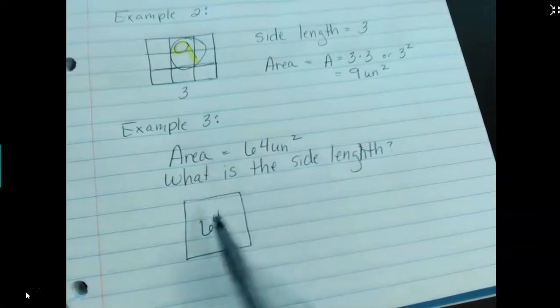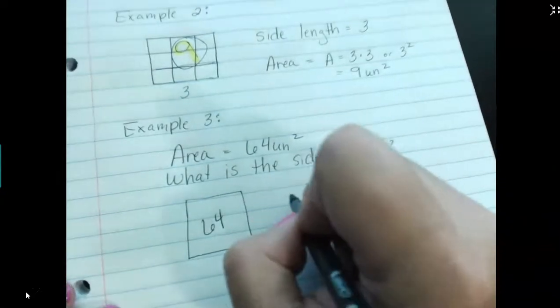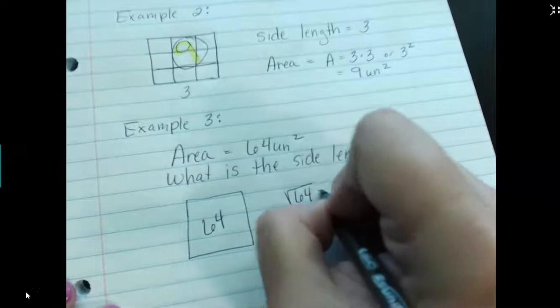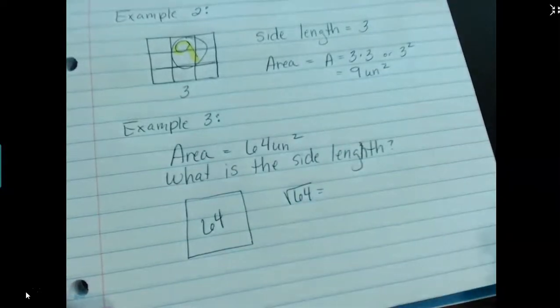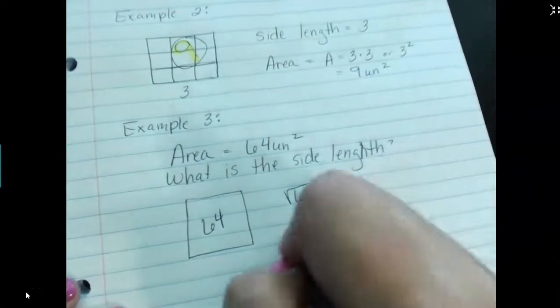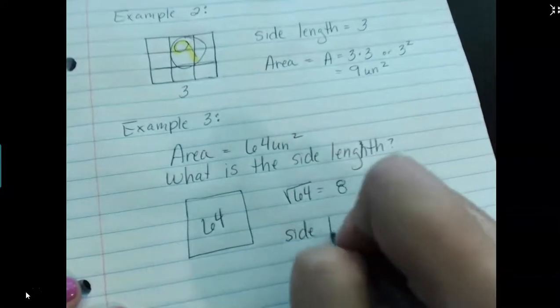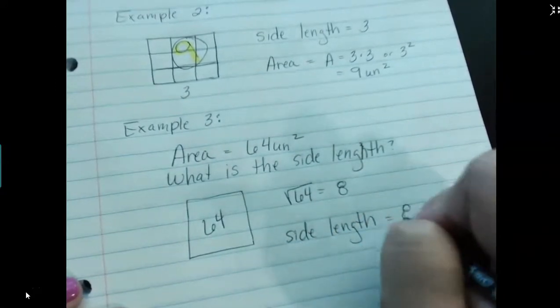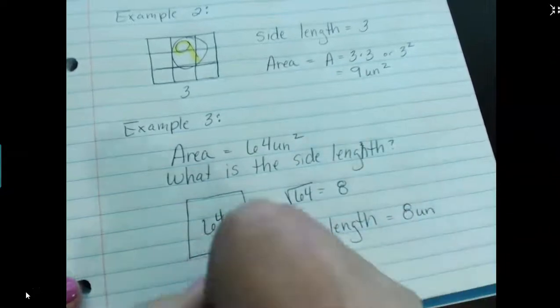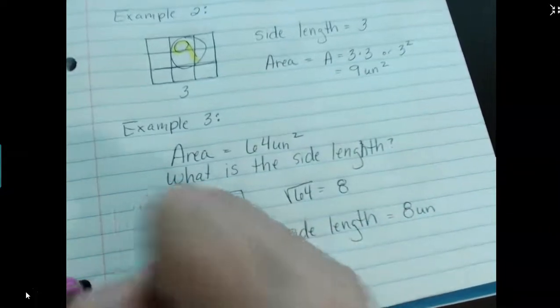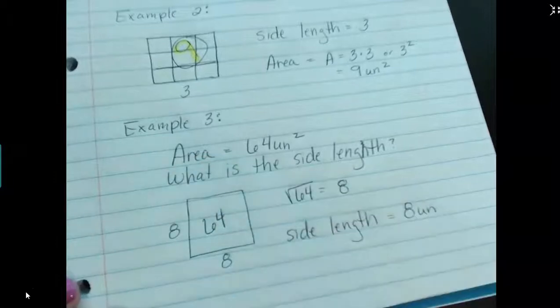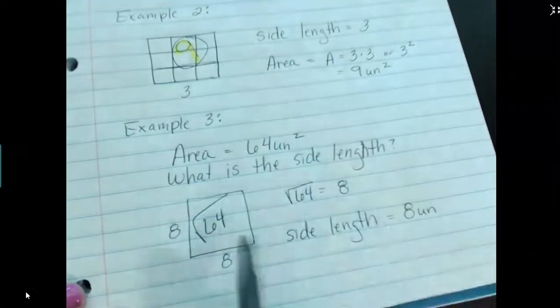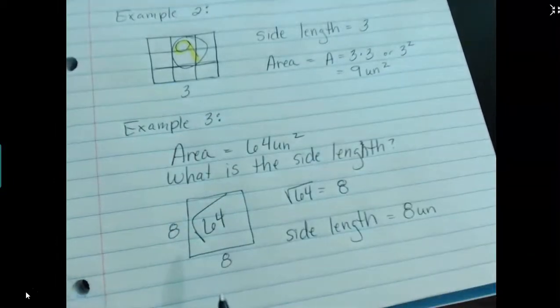So the area is 64, so we're going to find the square root of 64, which is equal to 8. Therefore, the side length is equal to 8 units. Whenever given the area, you take the square root of the area and you find the side length. And let's check it. 8 times 8 is equal to 64.